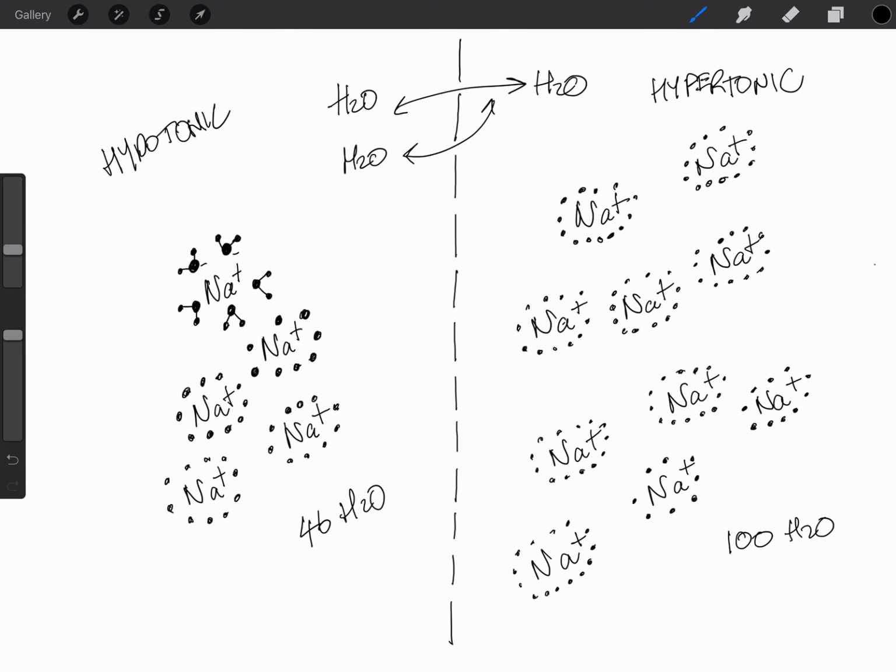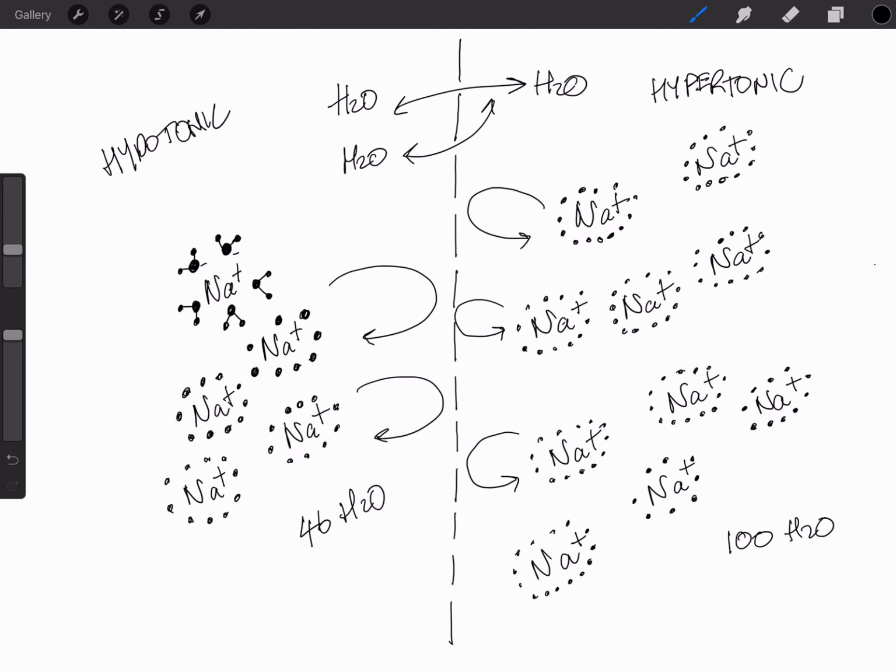The sodium can't move because it's too big, so it's blocked from moving. But any water molecules associated with that sodium also cannot move.